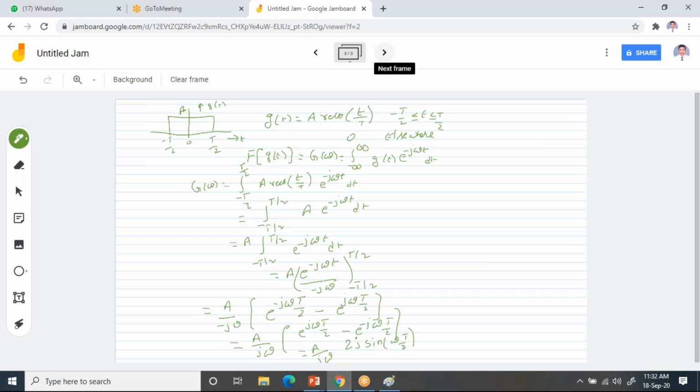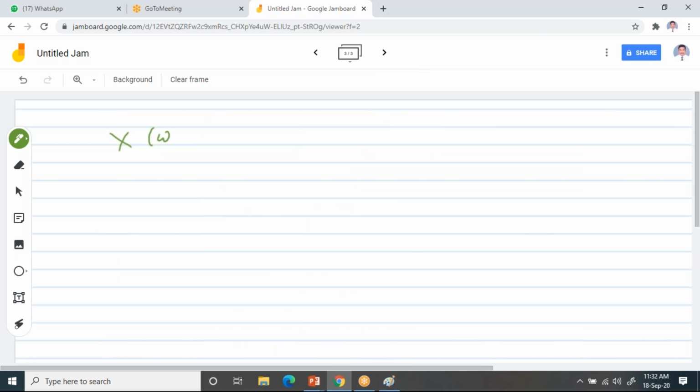Here my X of omega, I can write it as A by j omega into 2j sine omega T by 2.